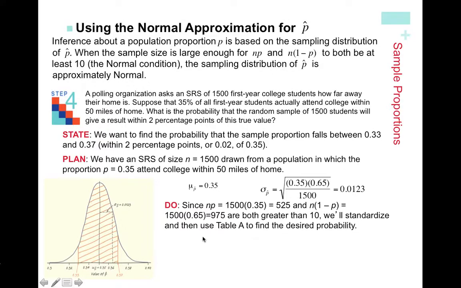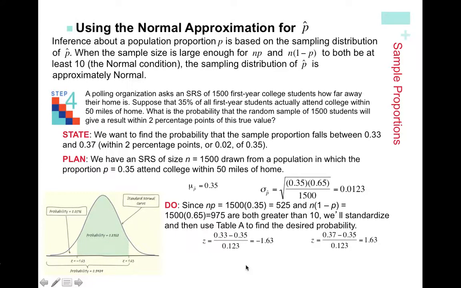And so we can standardize using z-scores and then use table A, or we can calculate this in our calculator. Using table A, we get these two z-scores. We look those up. Z-score of 1.63 gives us a probability of 0.9414.